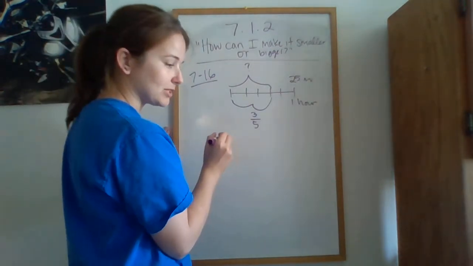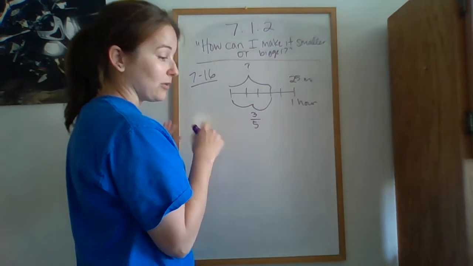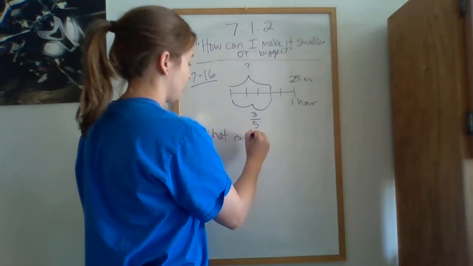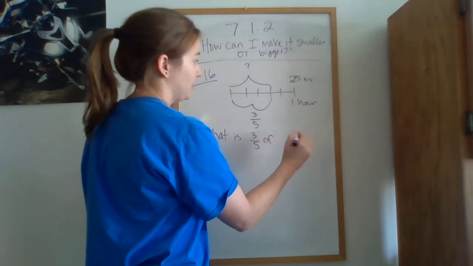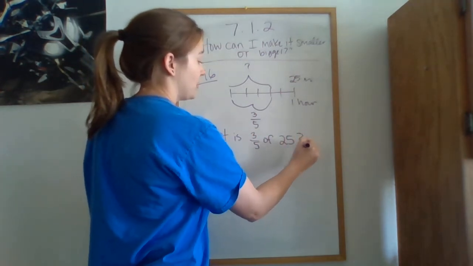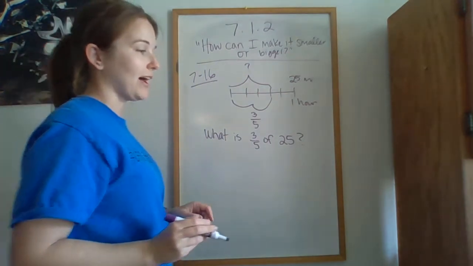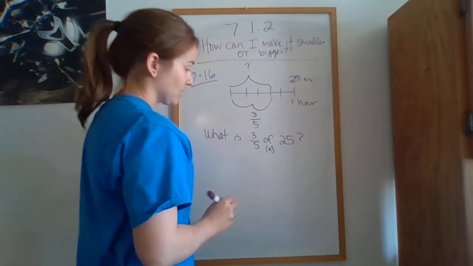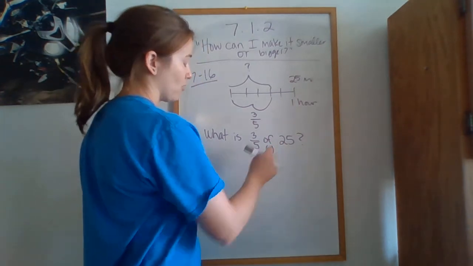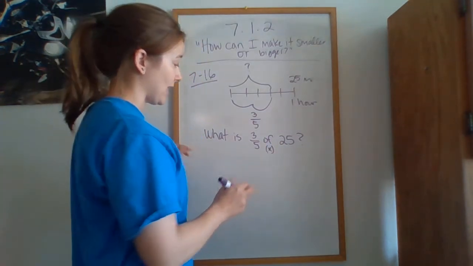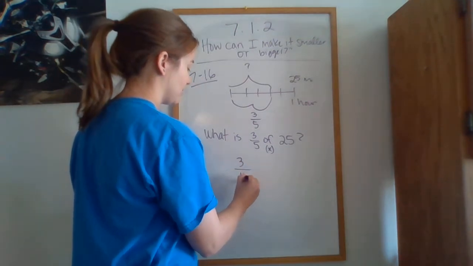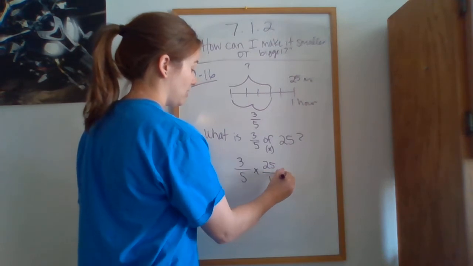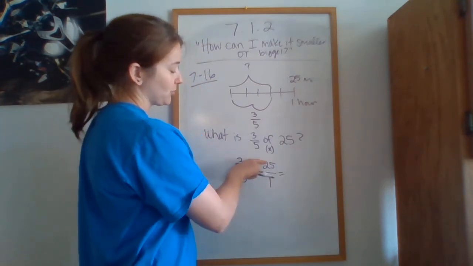So what I did was I thought, well, I remember when we did stuff like what is 3/5 of a number, I thought, well, what is 3/5 of 25? And remember when we see of, we know we want to multiply this quantity by that quantity. So if I go ahead and do that, 3/5 times 25 over 1, multiplying fractions just means you multiply across.